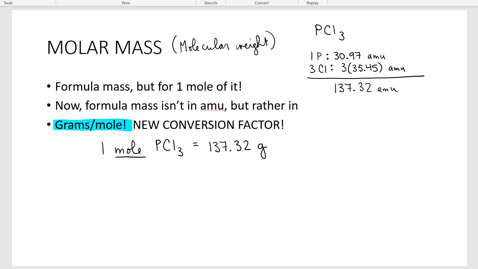Let's say we wanted 7.23 moles of PCl3. How much would we weigh out?